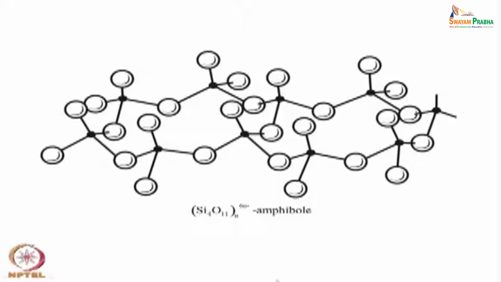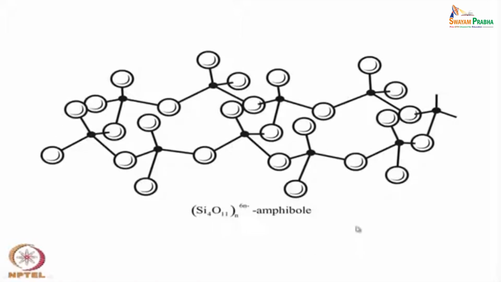You must notice that all the silicons are not sharing between the two chains. For example, this silicon and this silicon are not sharing, but this one is sharing. The structural requirement is that alternate silicon ions are actually sharing oxygen between them, and therefore a bonding is taking place between the two parallel chains.